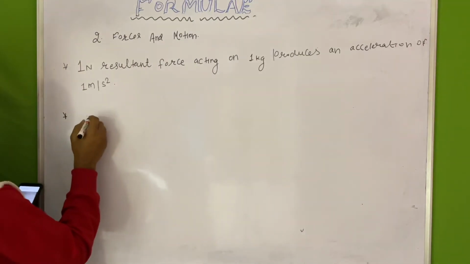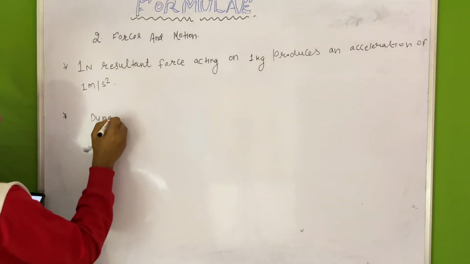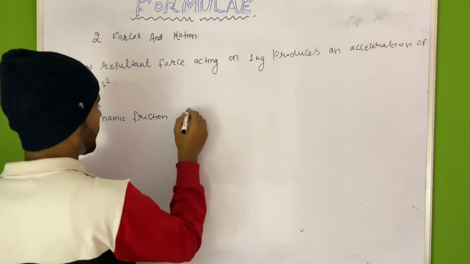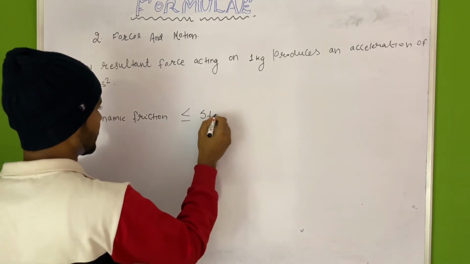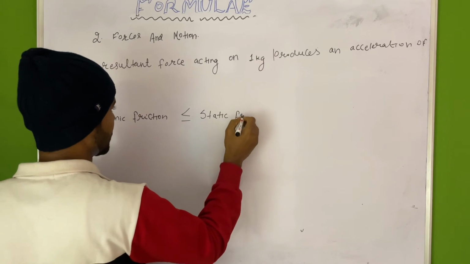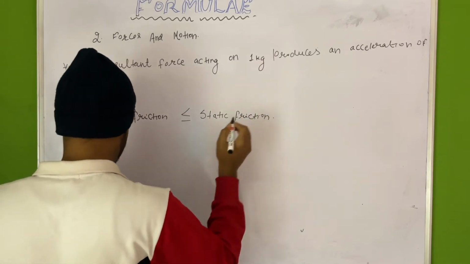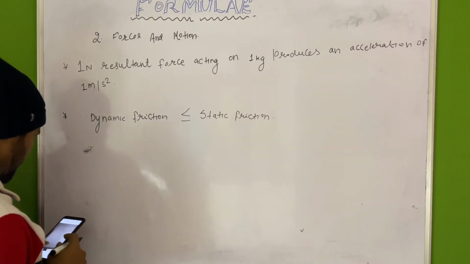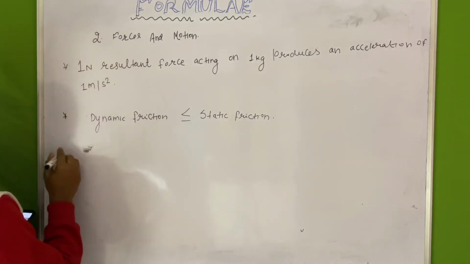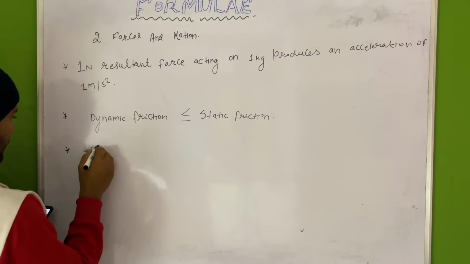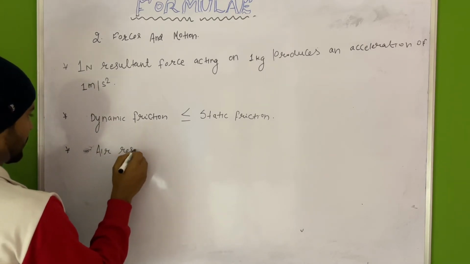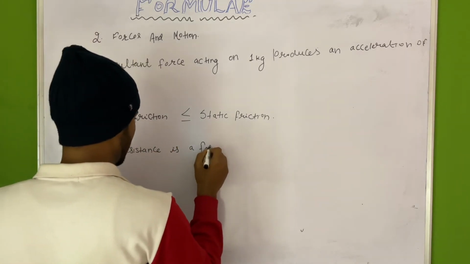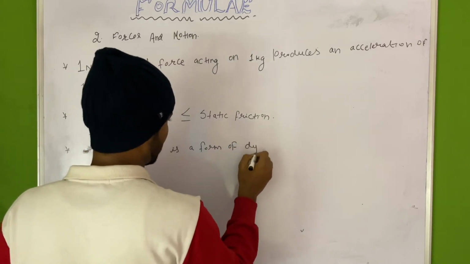Next we have dynamic friction. Dynamic friction is always less than or equal to static friction. Then the next point: air resistance is a form of dynamic friction.